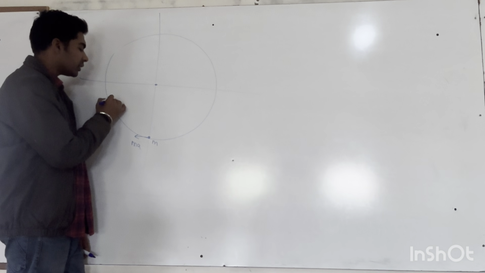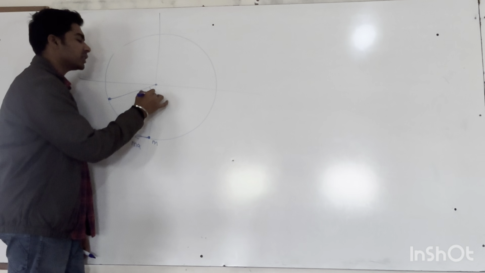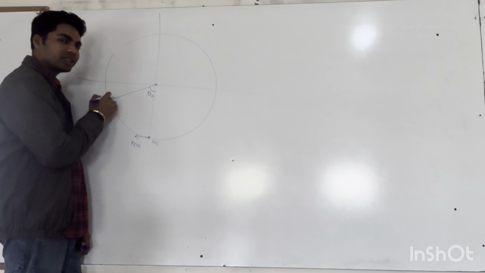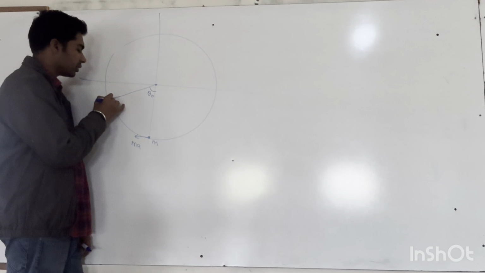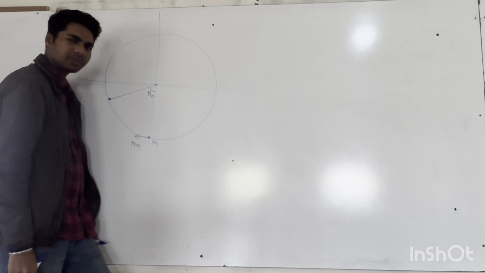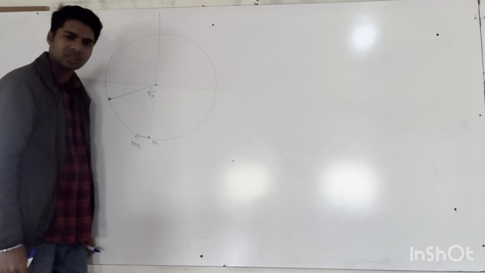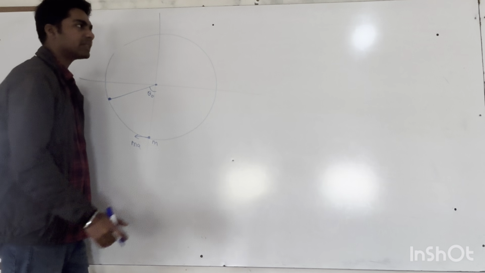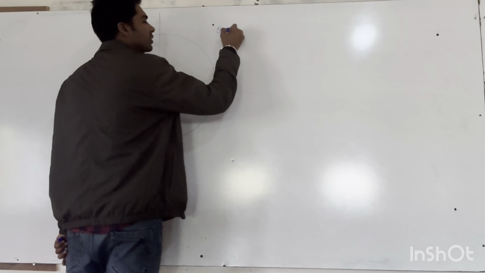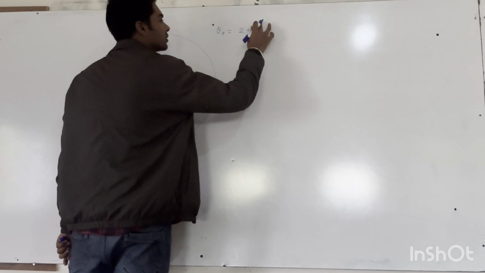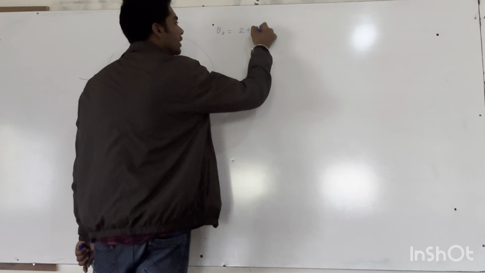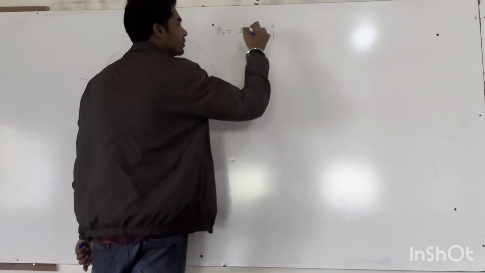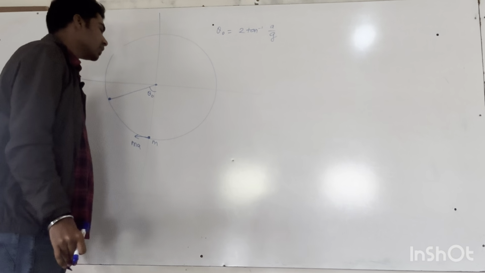When the particle reached its maximum theta naught, what was the net tangential force on the particle? Can we find the net tangential force at this theta naught? Of course, we can. Our theta naught is 2 times tan inverse a by g, right?